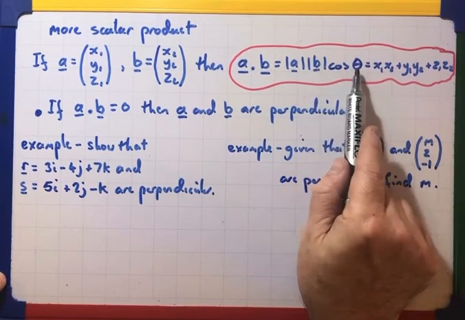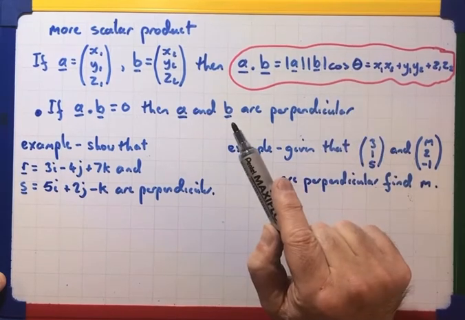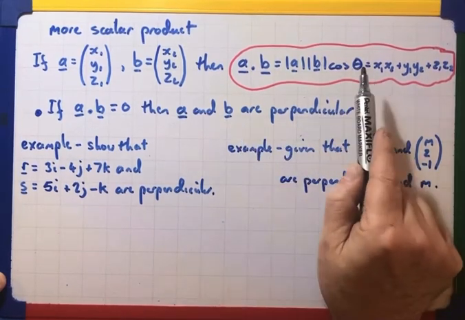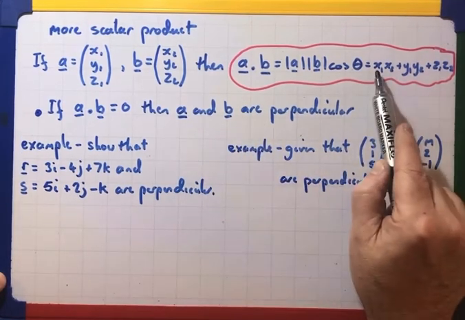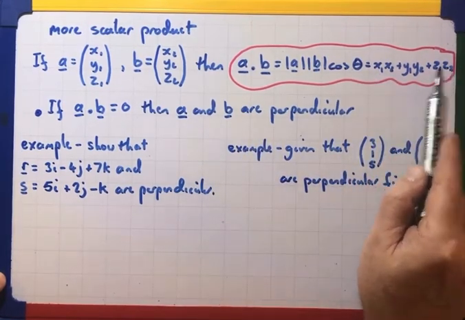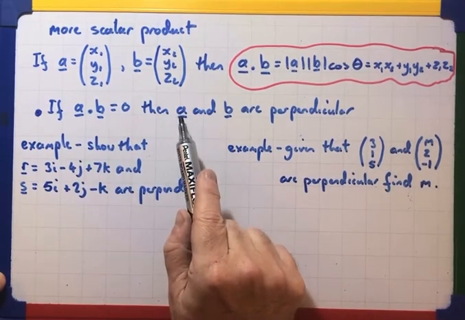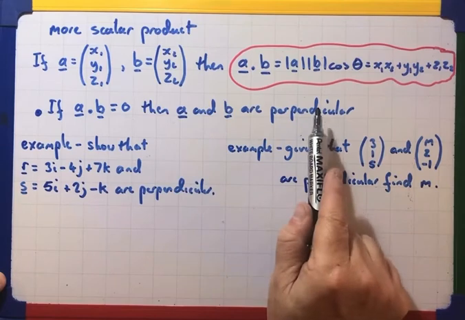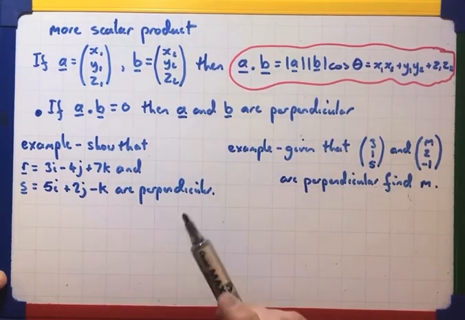So cos theta has to be 0, and that means theta has to be 90 degrees. So if we work out the dot product using this version and show that it is 0, then we can state that vectors A and B are perpendicular. So now we have a test for perpendicularity.